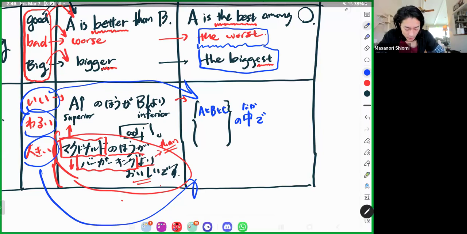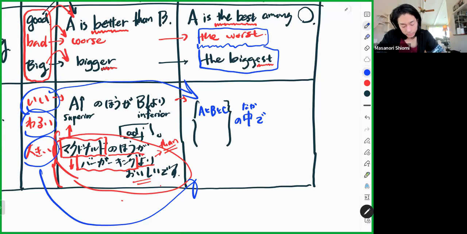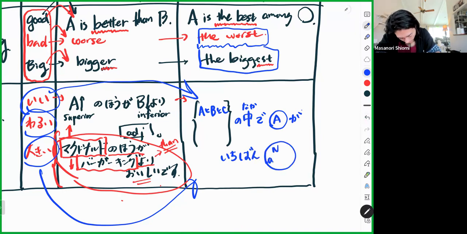A と B と C の中で whatever. For example, A が一番 whatever noun or adjective we are comparing with, add です if you want to make it polite.